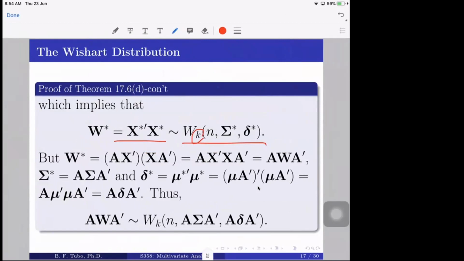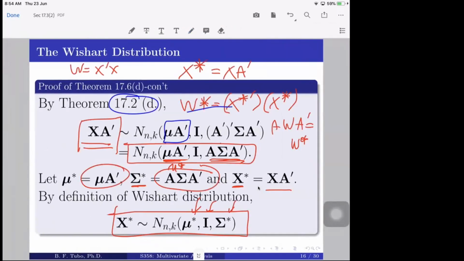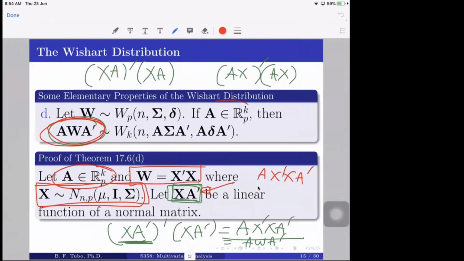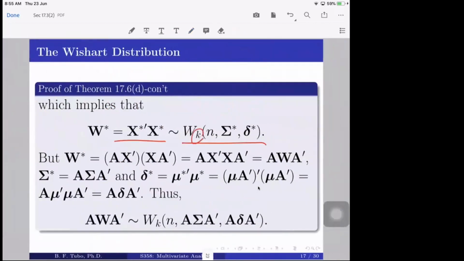This time X star will depend on your A. Your A here is K by P. So if A is K by P, W is P by P, and A prime is P by K. So the dimension now will be K by K. That's why the term in the subscript of Wishart, which talks about the dimension of your W star, will be K, because that is a K by K now. And then N, sigma star, and delta star.